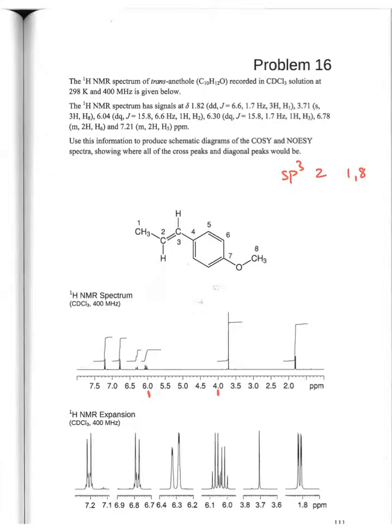Those belong to sp2 hybridized carbon. The difference between that and that, see how that's bonded to a heteroatom? And so when you're looking at where these peaks occur between 0 and 10, the location is indicative of the functional group.